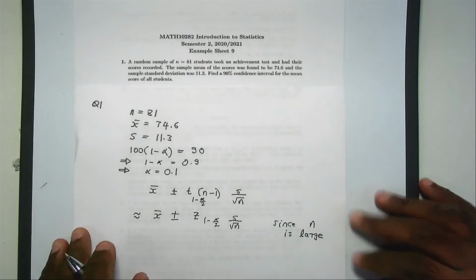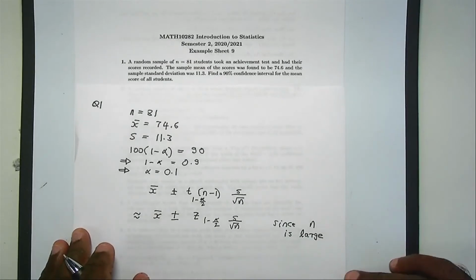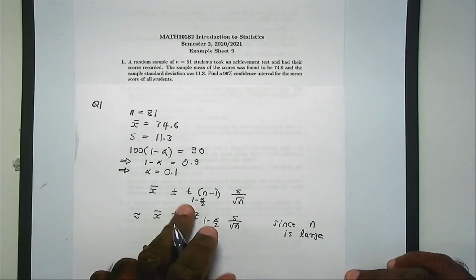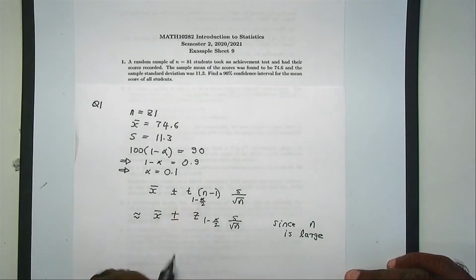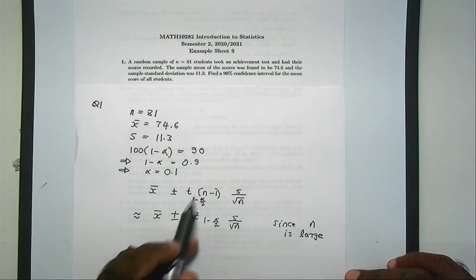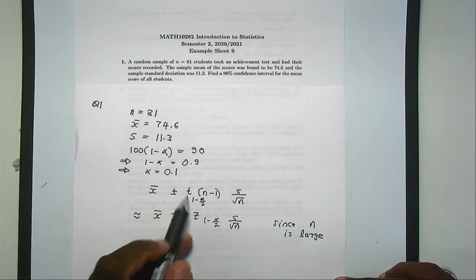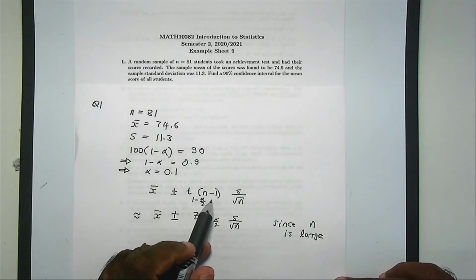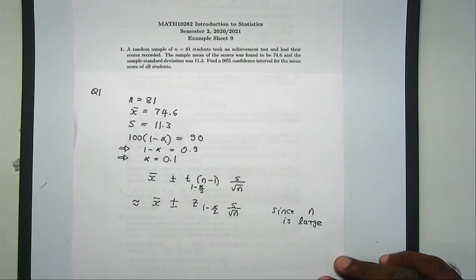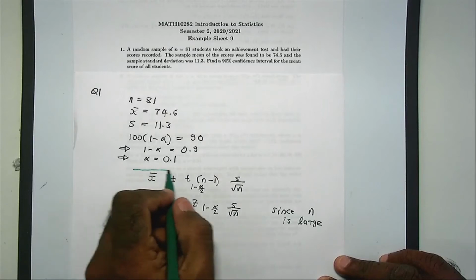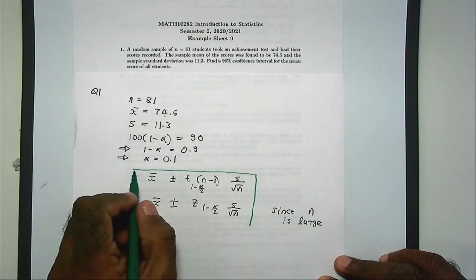Remember that one of the properties I mentioned in the video on Student's t distribution is that as n approaches infinity, this approaches the standard normal, and what you have here is the percentile of a standard normal. Before it was the percentile of a t distribution with n minus 1 degrees of freedom. So this is the formula that I'm going to use now. Let me put this in a box.